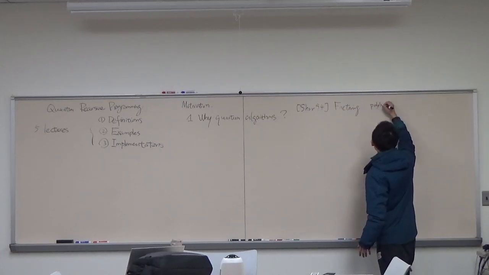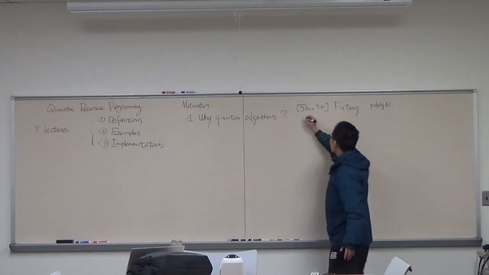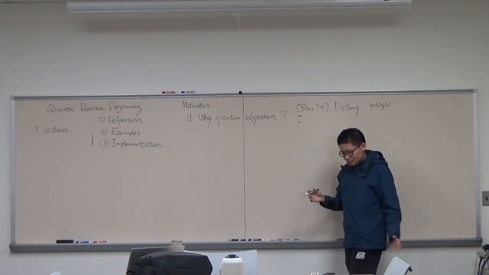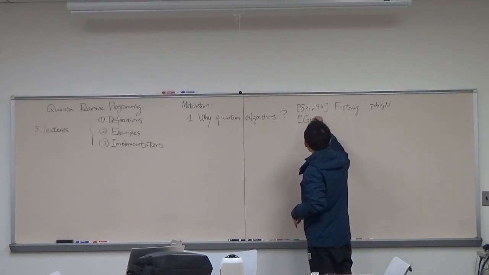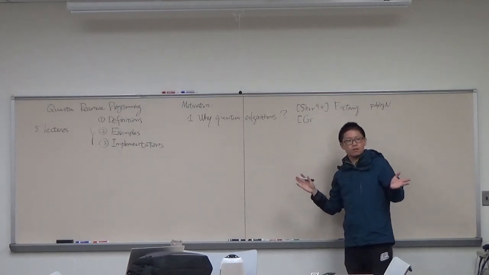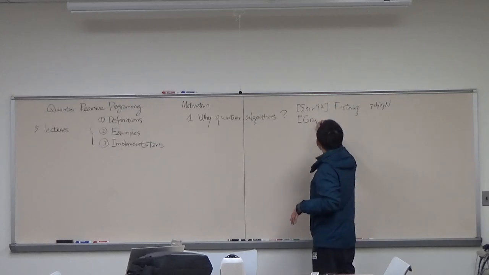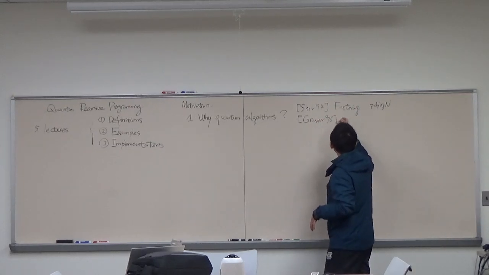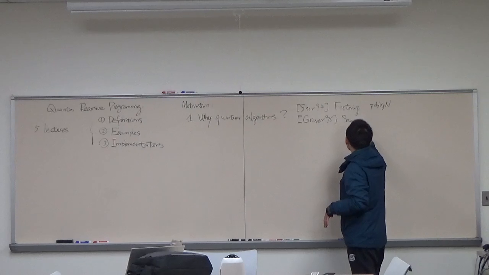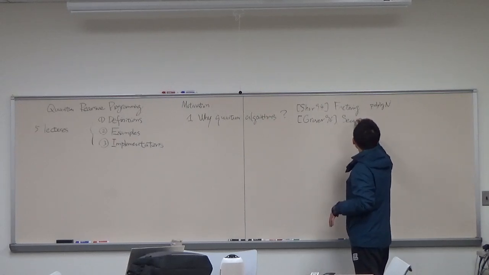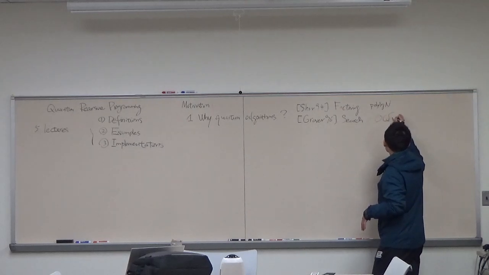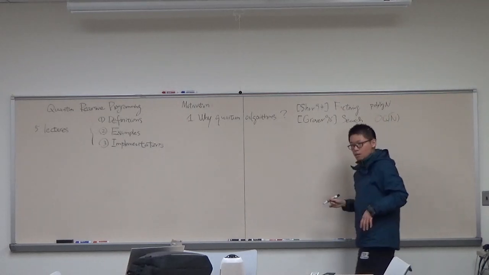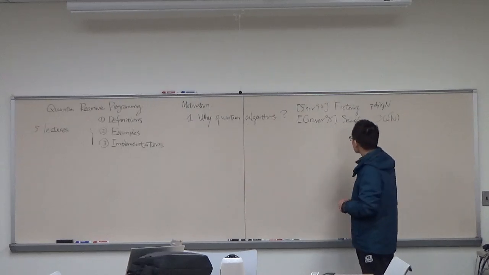I'll just write the complexity here. Another famous algorithm is the Grover algorithm, Grover 96, for searching an unstructured database. This is a search algorithm, and it has a quadratic speedup over the best known classical algorithms.